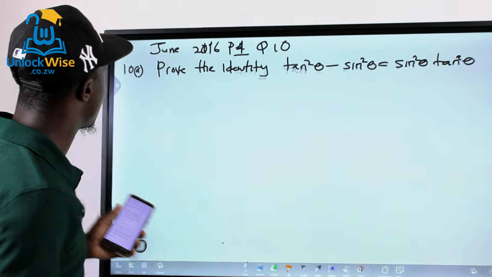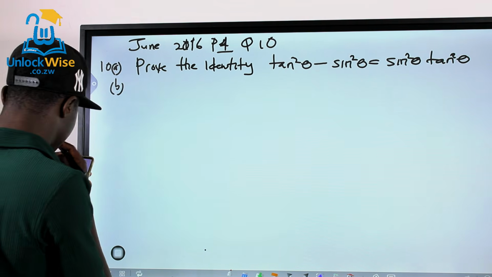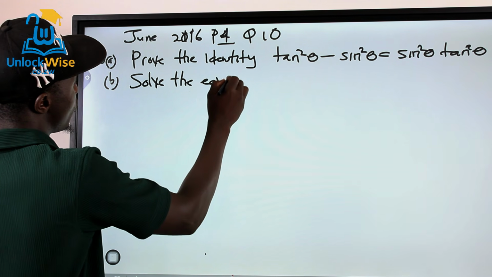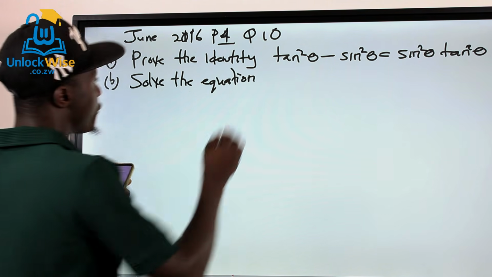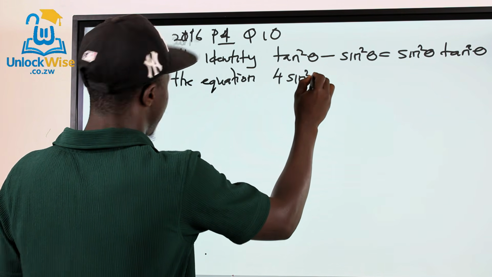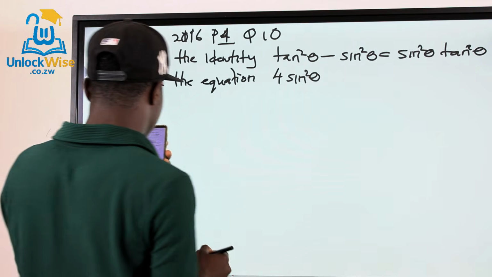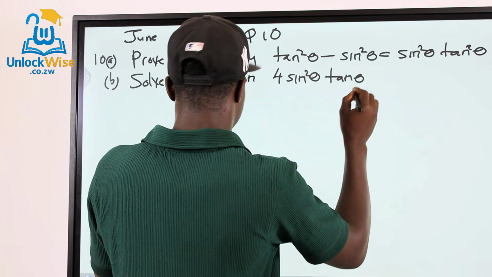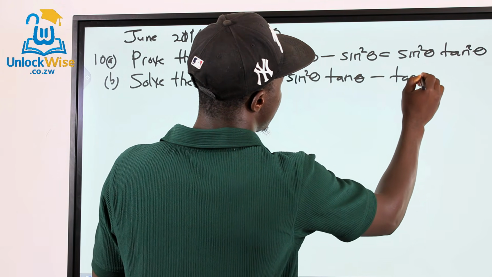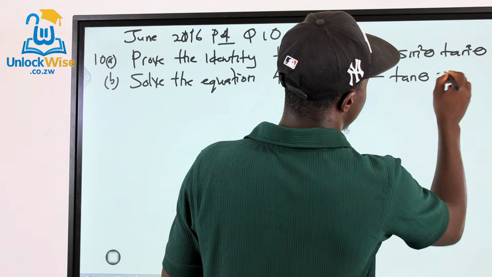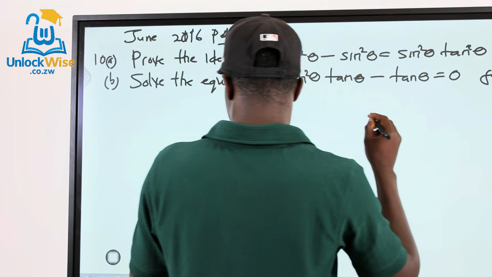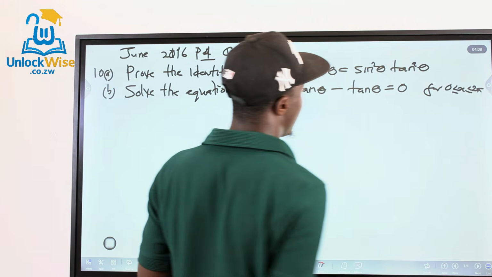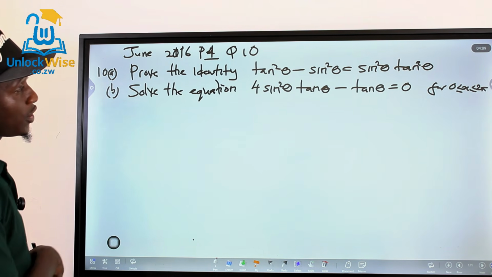So this was the first question, and on the B part, it was saying solve the equation: sine squared theta tan theta minus tan theta is equal to 0, for 0 is less than or equal to x less than or equal to 2 pi. So the question was in radians.